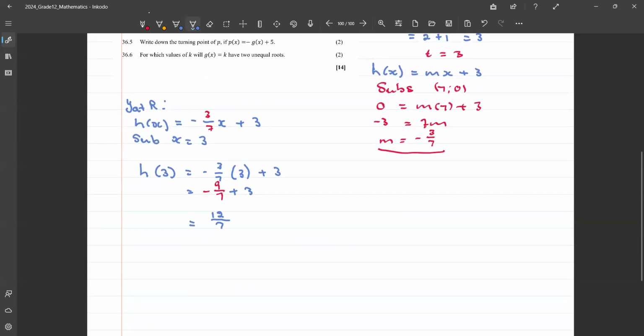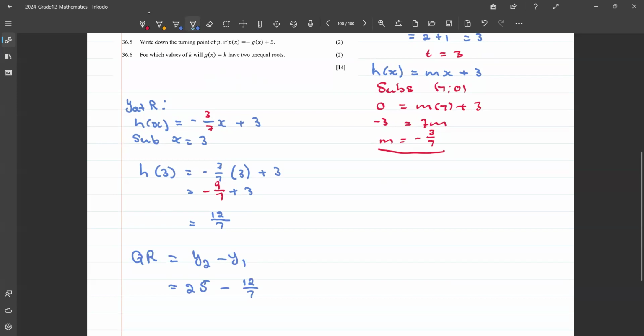Now, to find our length of QR, we are going to say it's y2 minus y1, which equals 25 subtract 12 over 7. Right. And then the answer, I'm just checking with my calculator here, 25 minus 12 over 7.